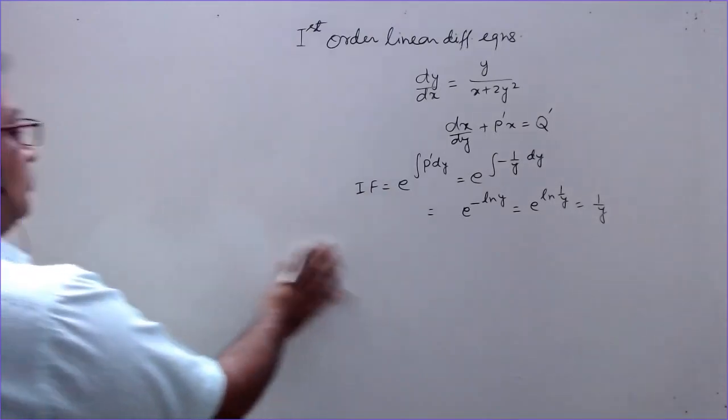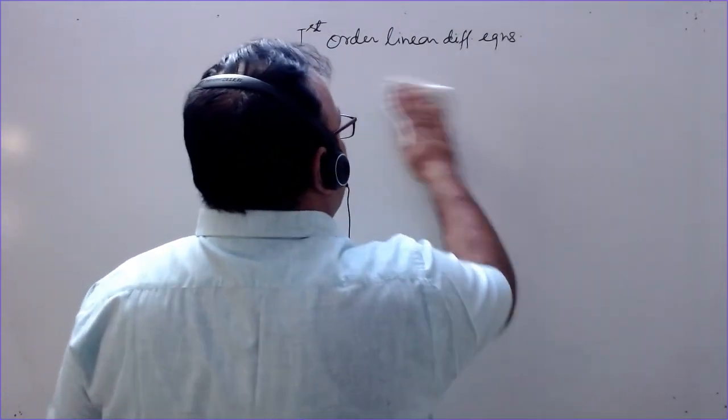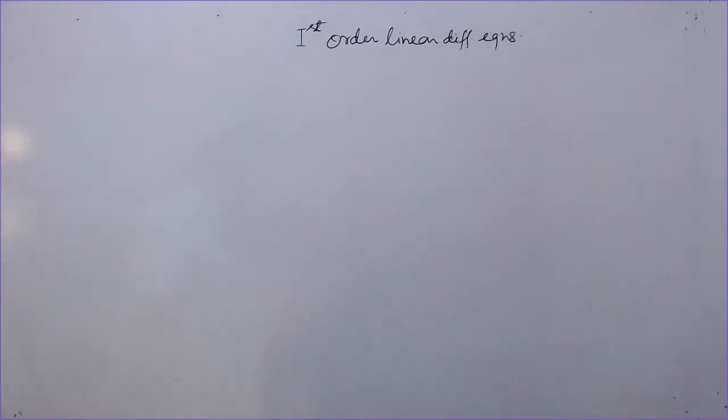So you have to keep in your mind when you have to use dy by dx, or the equation can be written in the form of dy by dx, and when can you write it in the form of dx by dy.